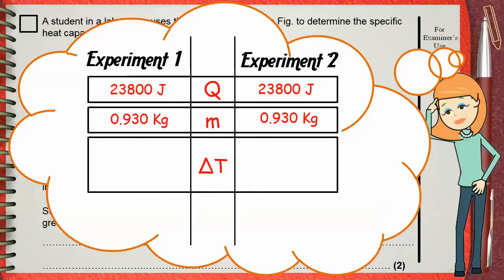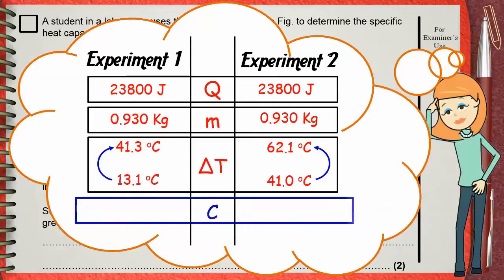Experiment 1 was starting from 13.1 degrees Celsius, heating until 41.3 degrees Celsius. The second experiment in B was starting from 41.0 degrees Celsius up to 62.1 degrees Celsius. This causes a different calculated value for C. The reason is the second experiment was carried out at higher temperatures than experiment 1.